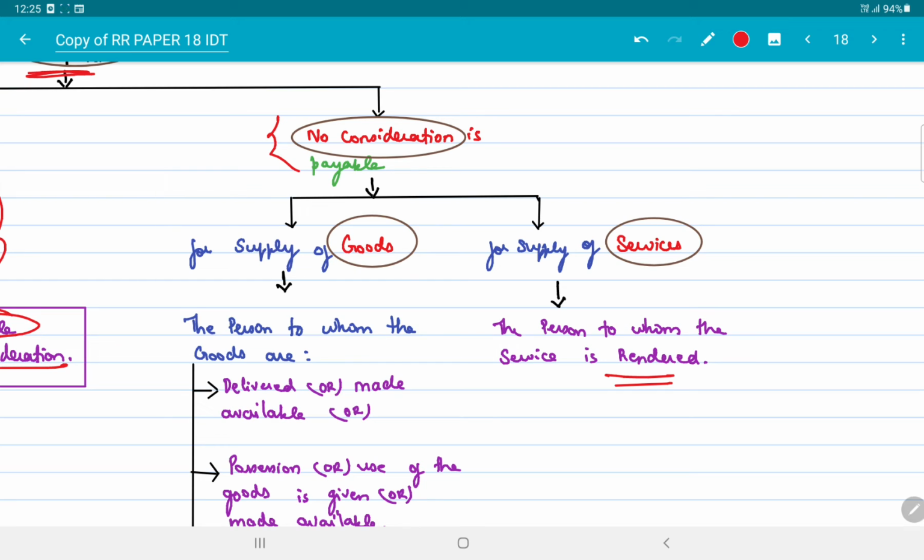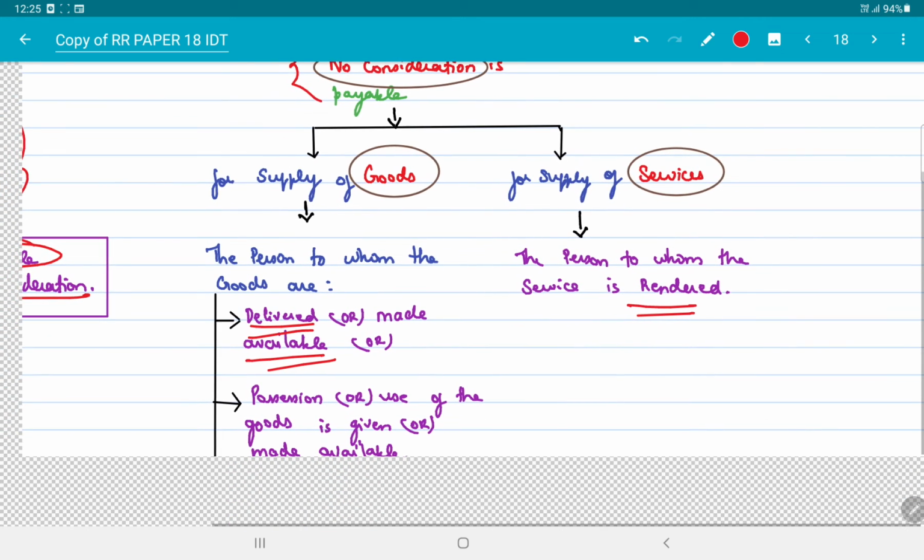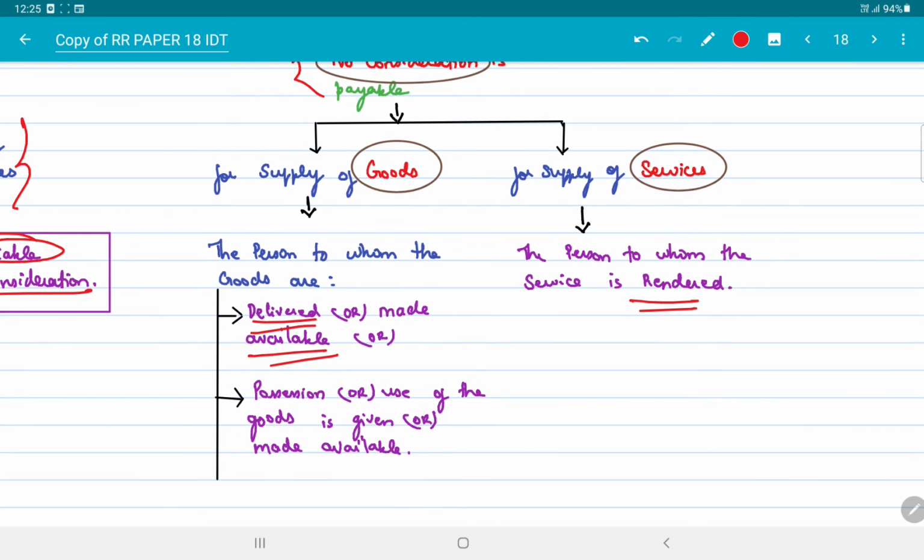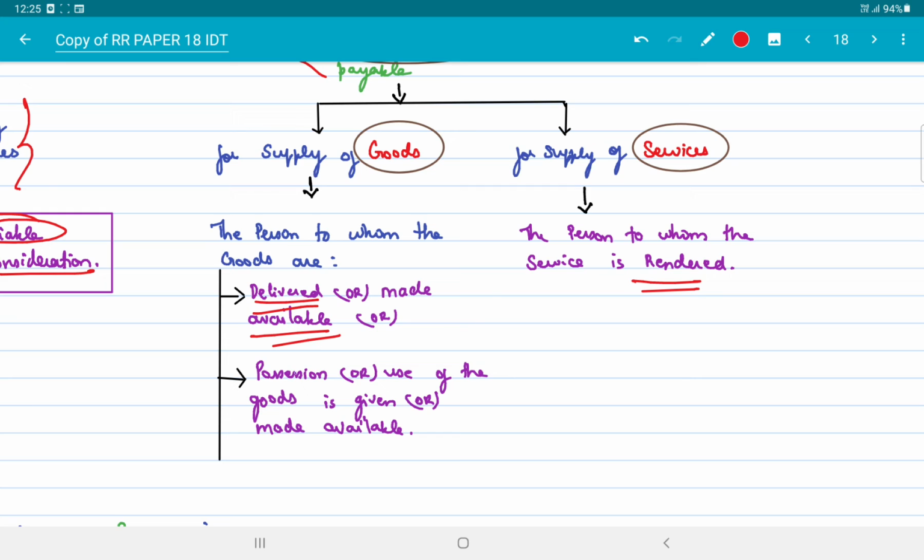But whenever there is a supply of goods, the person to whom the goods are delivered or made available, he will be called a recipient, or to whom the possession or the use of the goods is given or made available, he is a recipient.